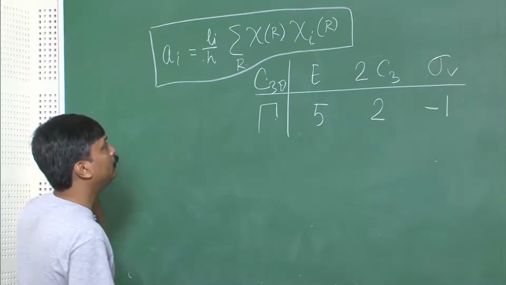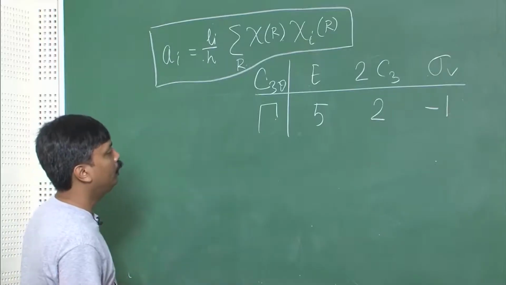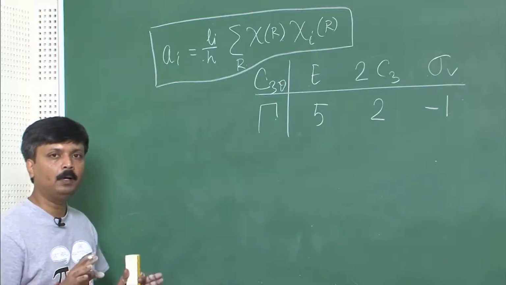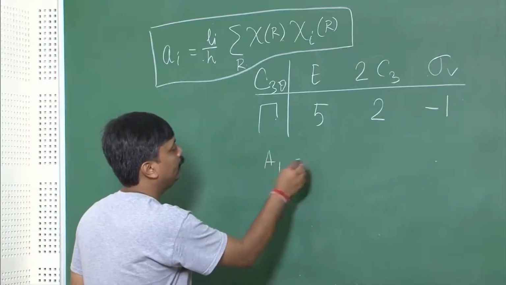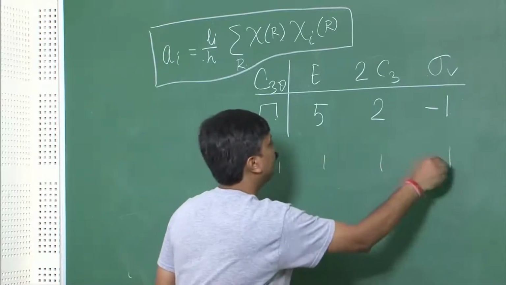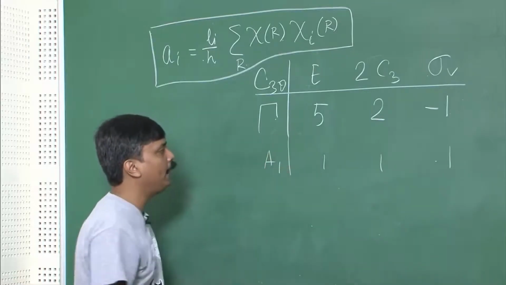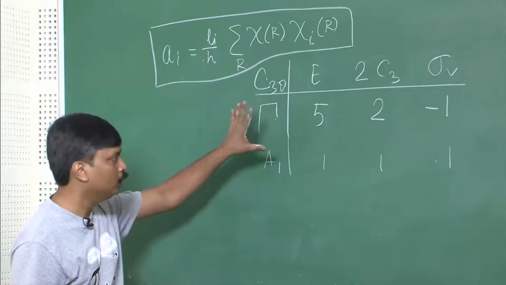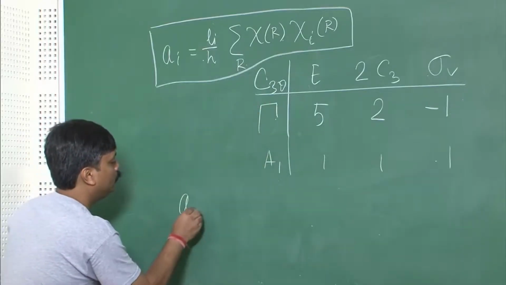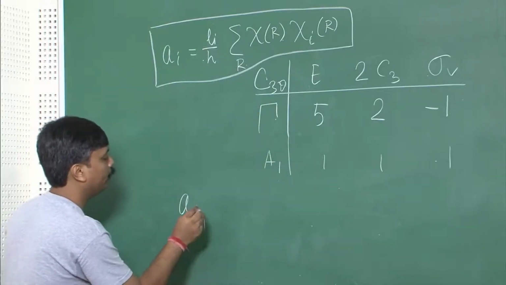Okay, h is equal to 6 here. So now if I remember what was A1, A1 was all 1. So suppose for example I write A1 here, so A1 was this, correct, totally symmetric IR. Now I would like to find out how many times A1 will occur if I reduce this one. So let's look at that, A1.